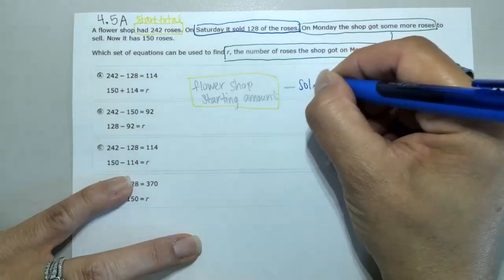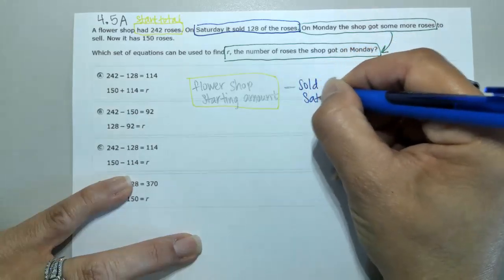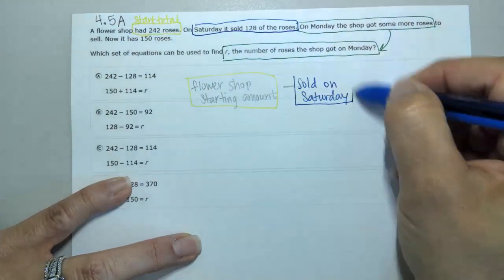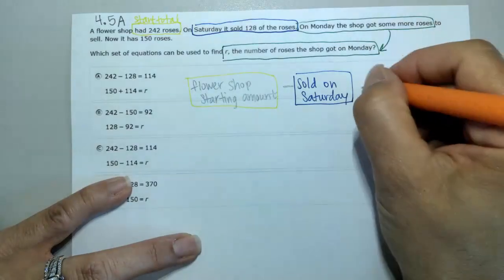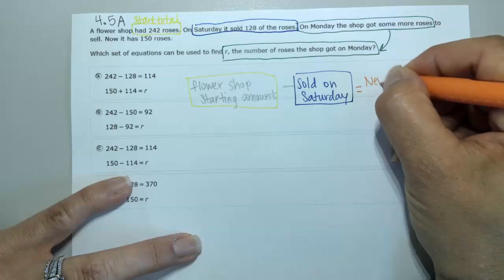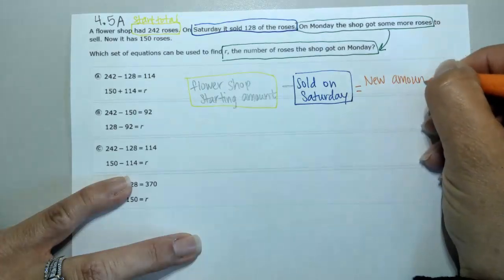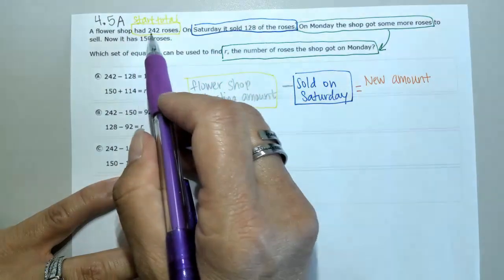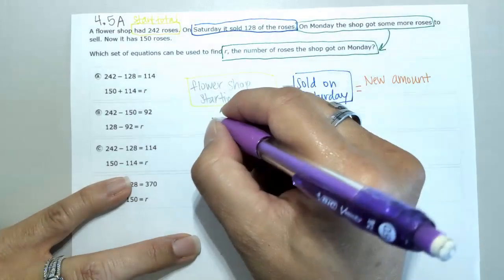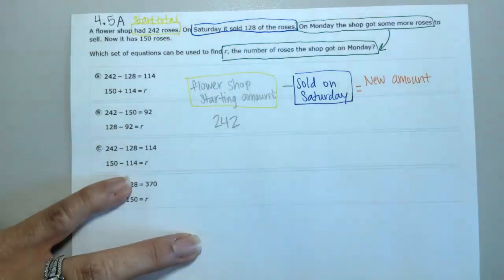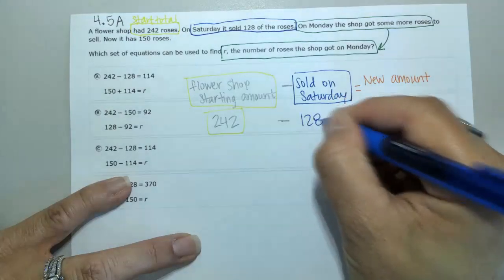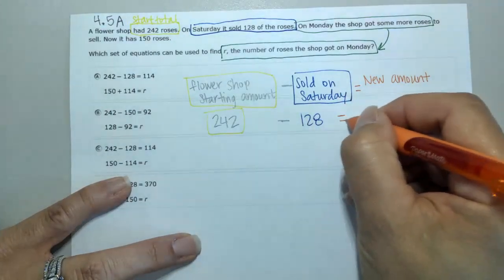So sold on Saturday is going to be subtracted from the amount that we're starting with. That is going to equal a new amount. So if I want to go ahead and plug those numbers in, it had 242 roses. It sold on Saturday 128. That is going to equal a certain amount.